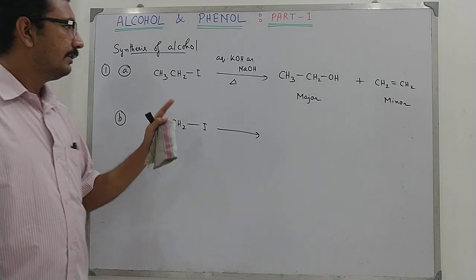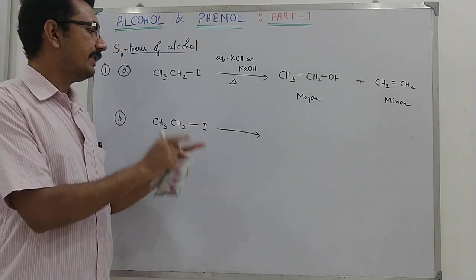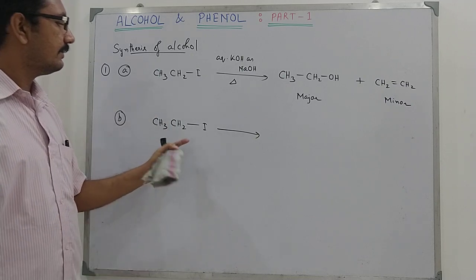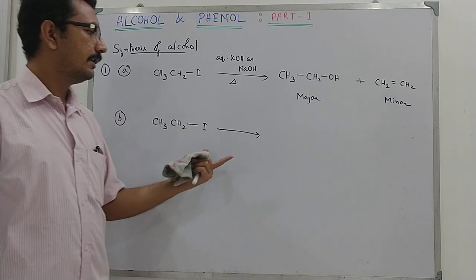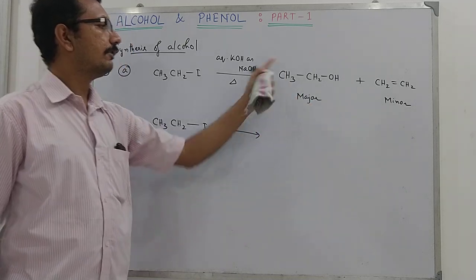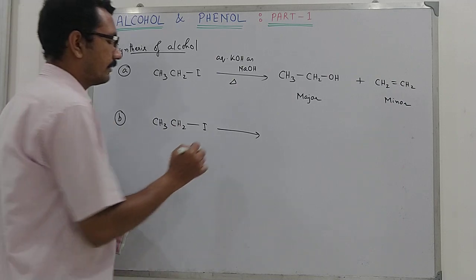Now if we decrease the strength of the base, then this elimination reaction, that is dehydrohalogenation process, can be avoided. Then we will have only this ethanol as the selective product.